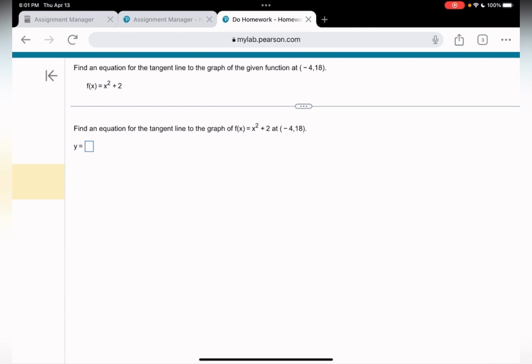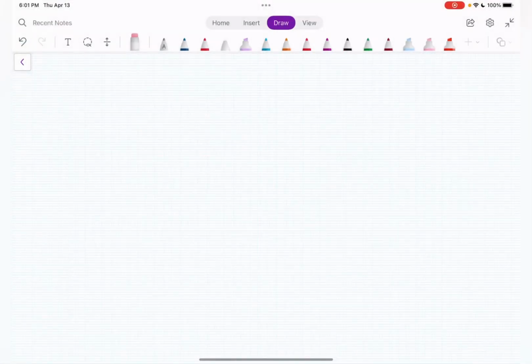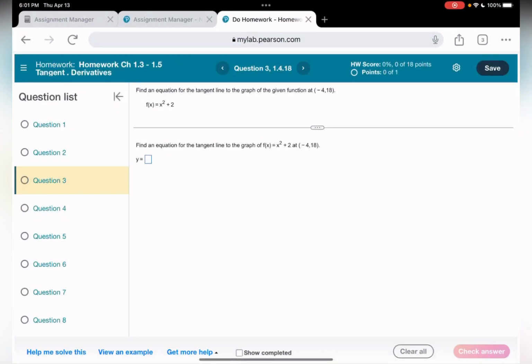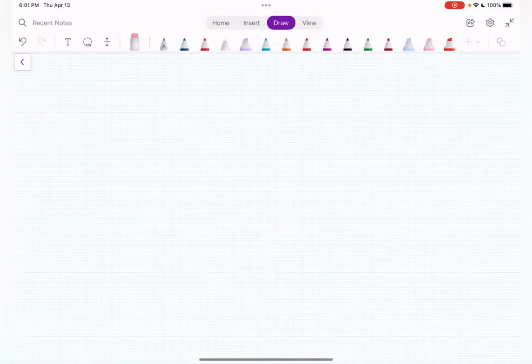Let me take a picture of it so I can work on it. So we have the equation x squared plus 2, is that it? Yeah. So x squared plus 2.